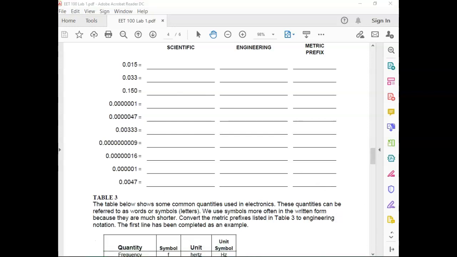So let me kind of share a whiteboard here. I'm confused on this one. I understand. So what you have is a point, and then you have 6 zeros and you have a 1. So what do we break them off into groups of?